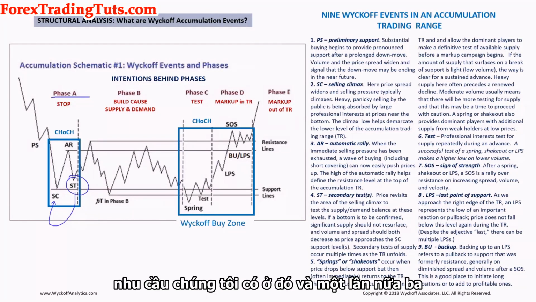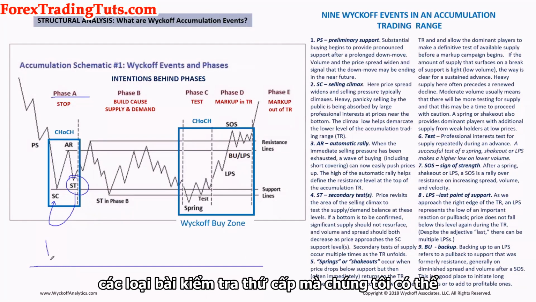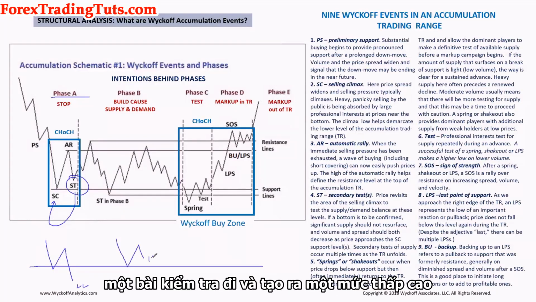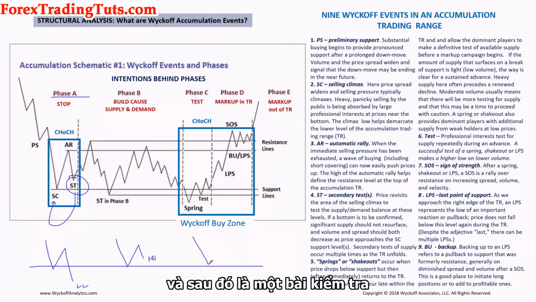What kind of demand do we have there? And again, 3 types of secondary tests that we could have, right? A test that creates a lower low, a test that creates a higher low, and a test that is basically on the same level. So what's the question?